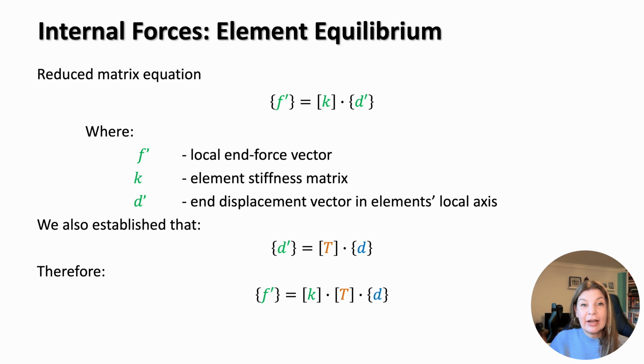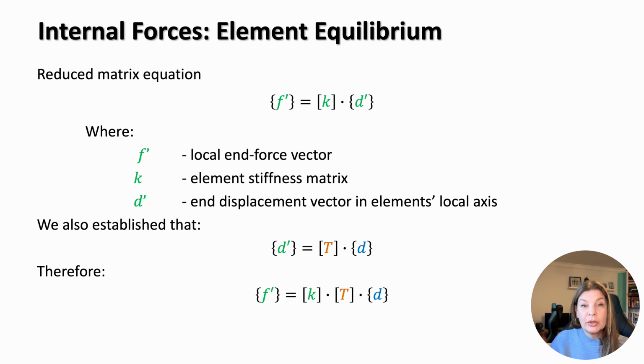And finally, to evaluate the internal forces in each element, we'll start with the reduced matrix equation F tag equals K times D tag. F tag is the local end force vector, K is the element stiffness matrix, and D tag is the end displacement vector expressed in the element's local axis system.